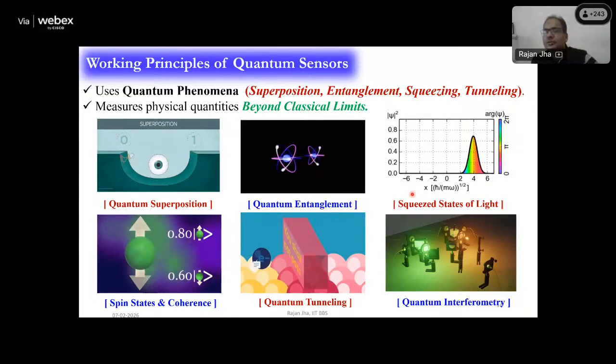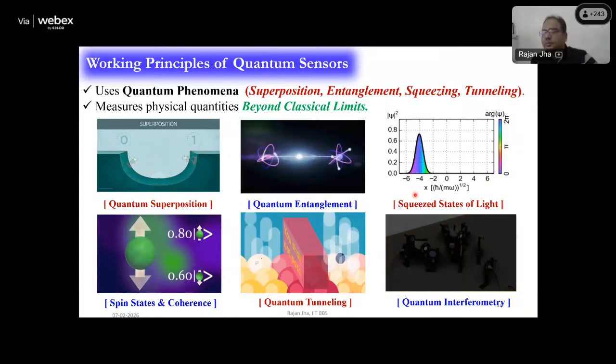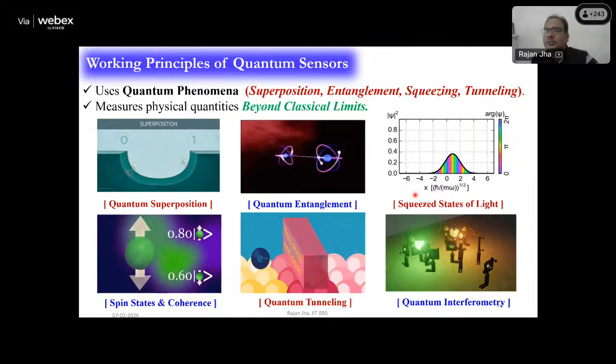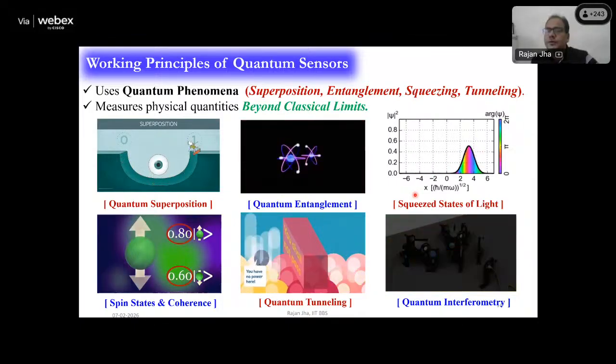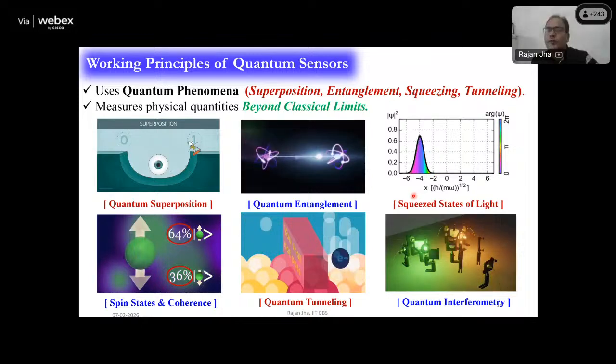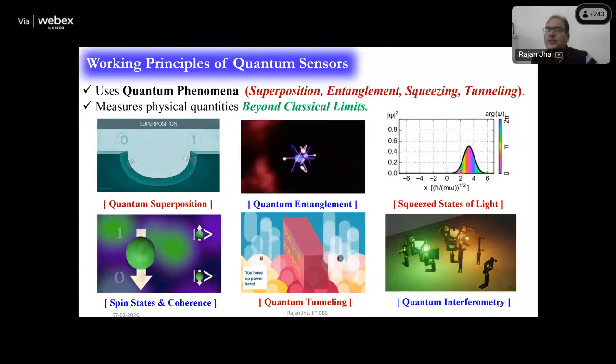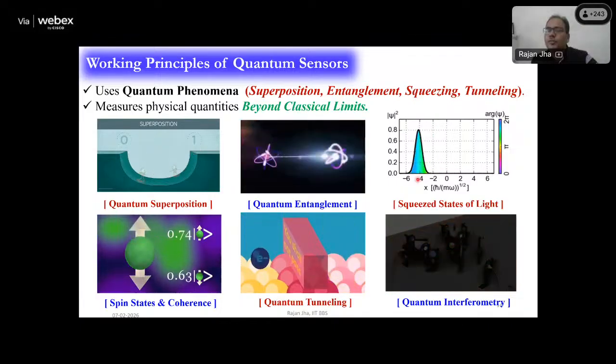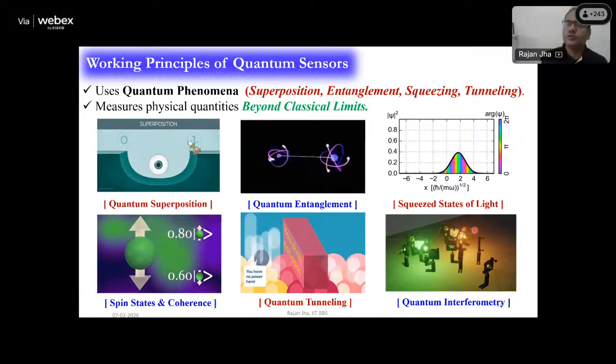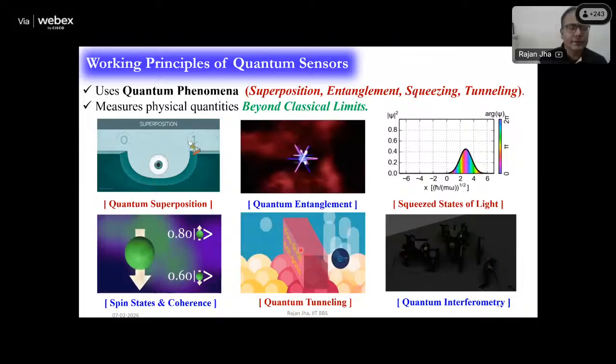Squeezed state of light has attracted a lot of attention; the concept of short pulse amplification also got a Nobel Award. With this squeezed light, you are choosing the light in order to create some single photons. People create such single photons using these squeezed states of light.